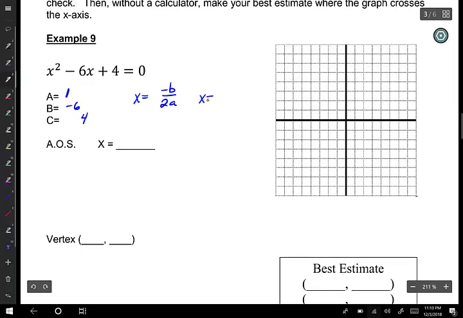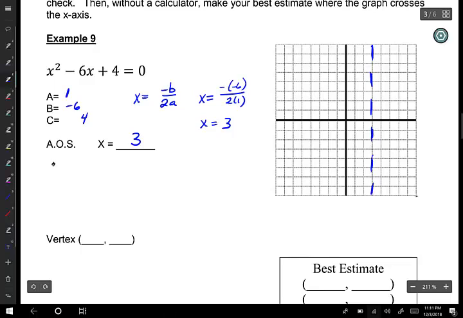So we have the opposite of negative 6 all over 2 times 1. So that's 6 over 2, so x equals 3. So I'm going to put a dotted line at x equals 3. That's my axis of symmetry, just for the problem.